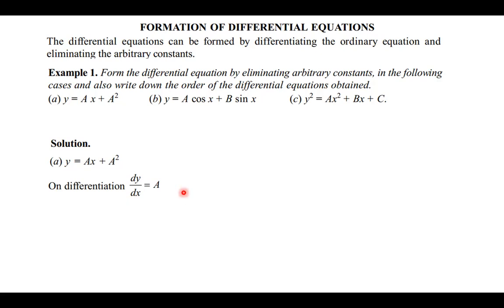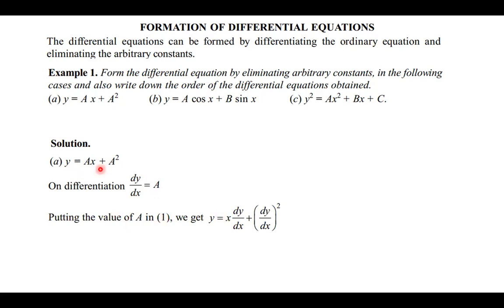Now, in this first equation, y is equal to ax plus a squared. Wherever there is a in this equation, you simply have to put dy/dx. Putting the value of a in equation 1, we get this.